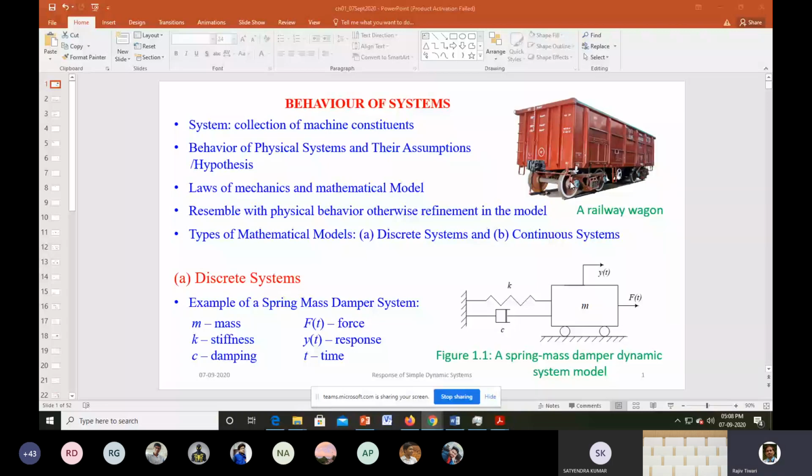So in a dynamic system, these are the different system properties we need to identify. What is the inertia of the various components, whether some elements have some flexibility, or some kind of damping characteristic.